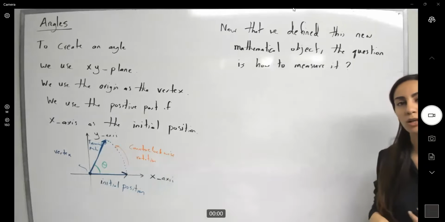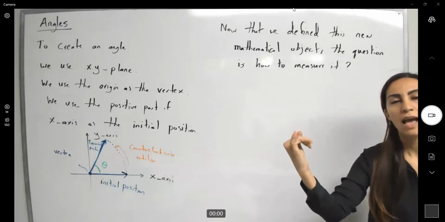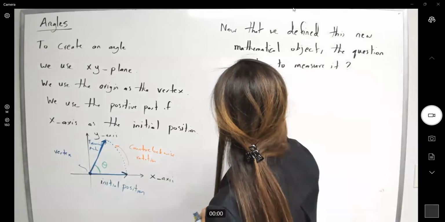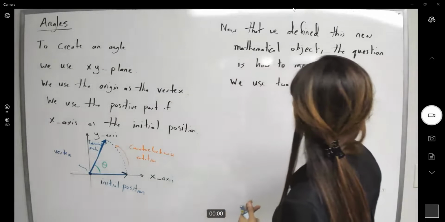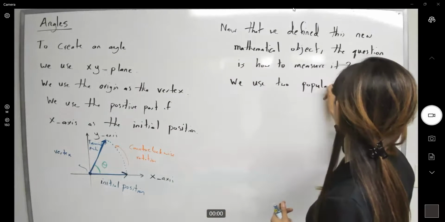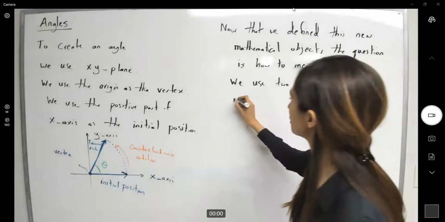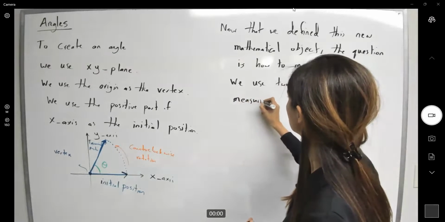Two popular ones are using the radian and the degree.